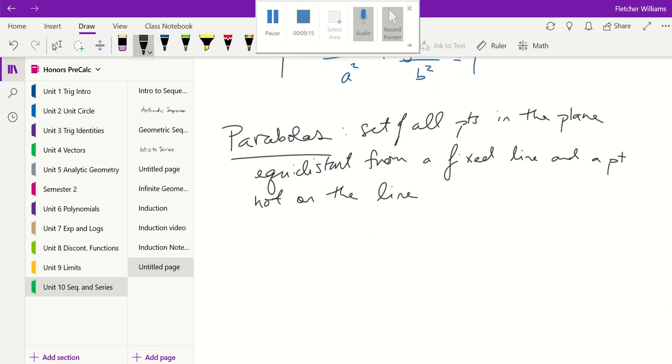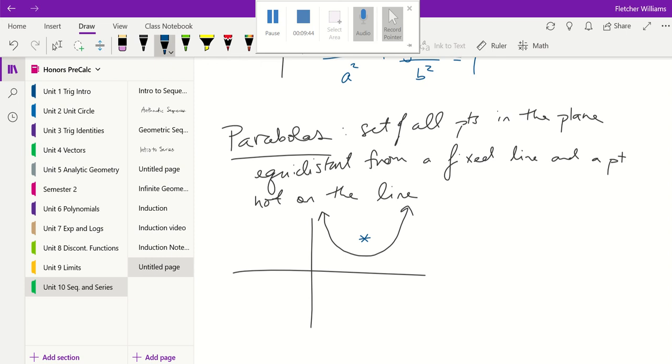So then if we drew a parabola, let's say that this was our parabola right there. What do we call that fixed point? The focus. Its plural is foci, just so you get your grammar right. Focus, singular, foci, plural.